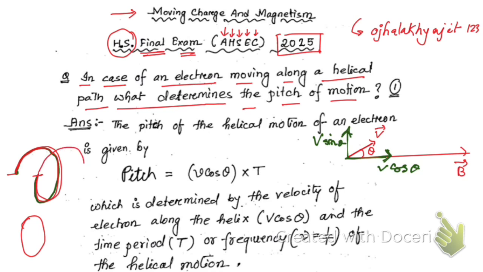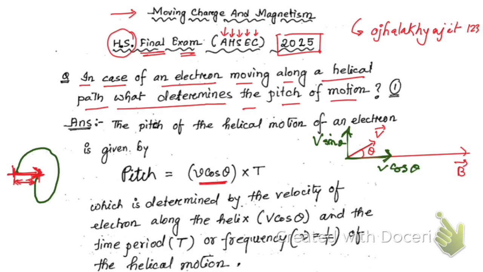So when it completes one cycle, the distance it covered in the direction of the magnetic field, that means along the horizontal direction, that distance is called pitch.